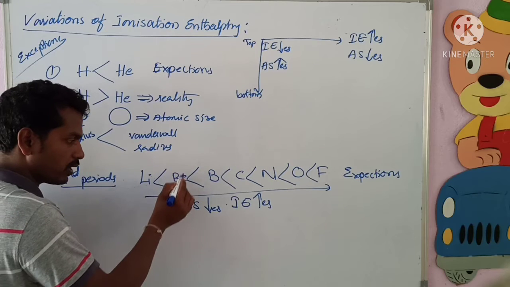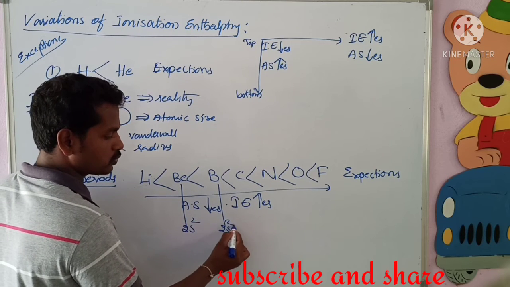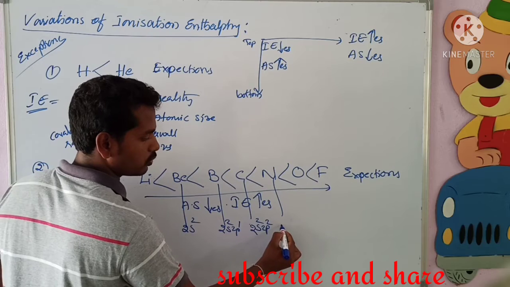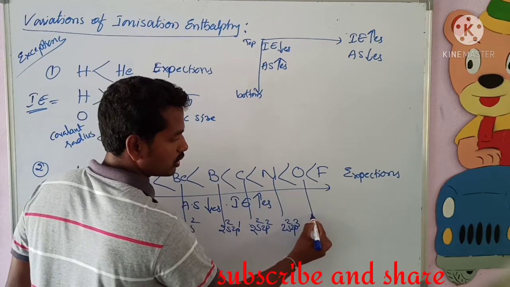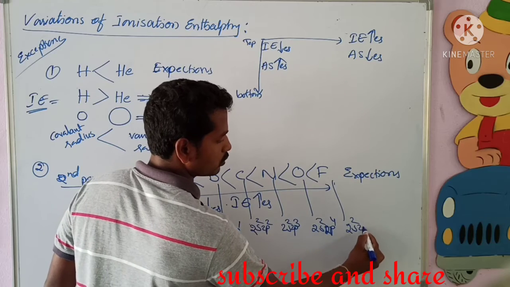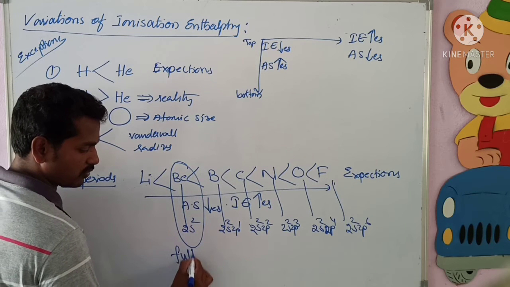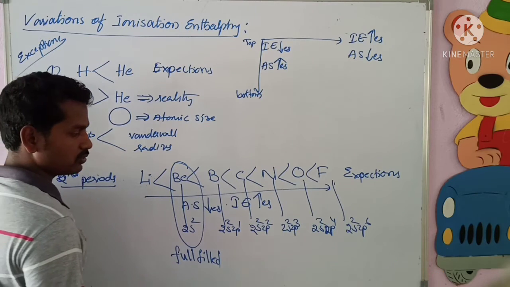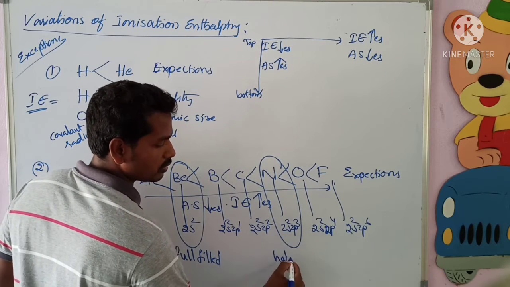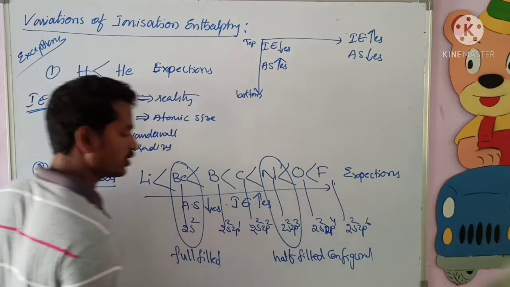Here beryllium has configuration 2s2, boron 2s2 2p1, carbon 2s2 2p2, nitrogen 2s2 2p3, oxygen 2s2 2p4, fluorine 2s2 2p5. Beryllium has a fulfilled electronic configuration, and nitrogen has a half filled p3 configuration.